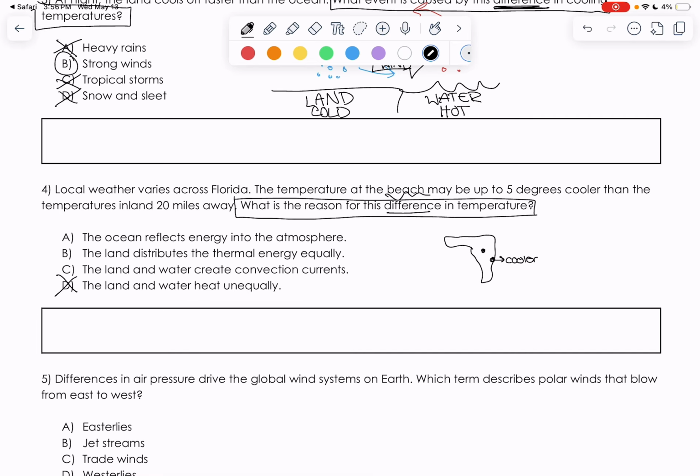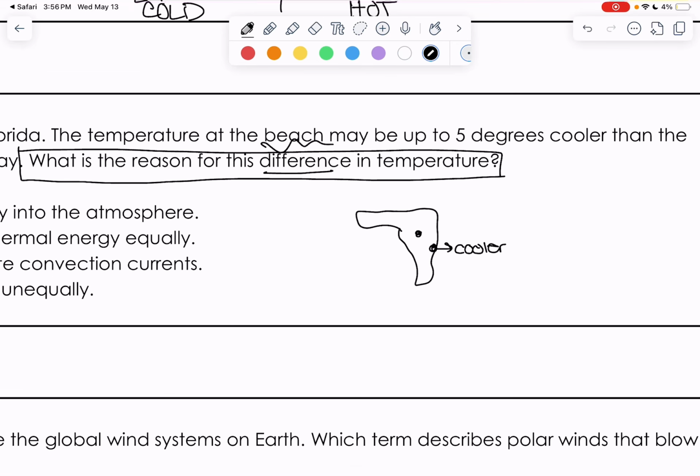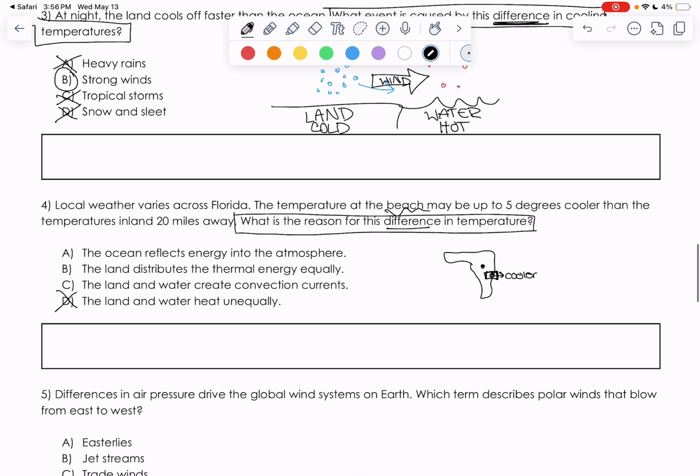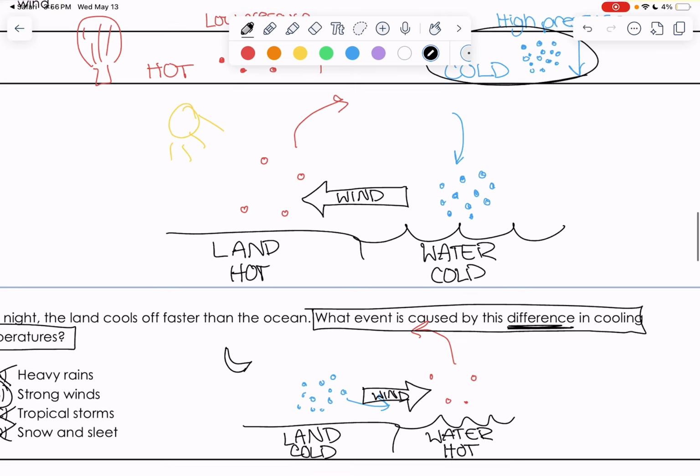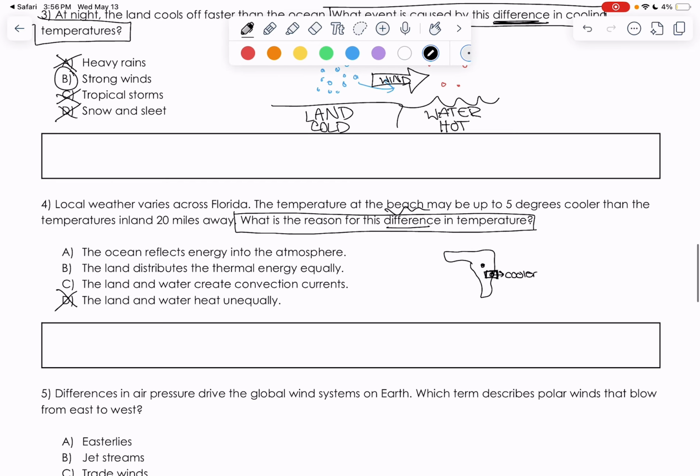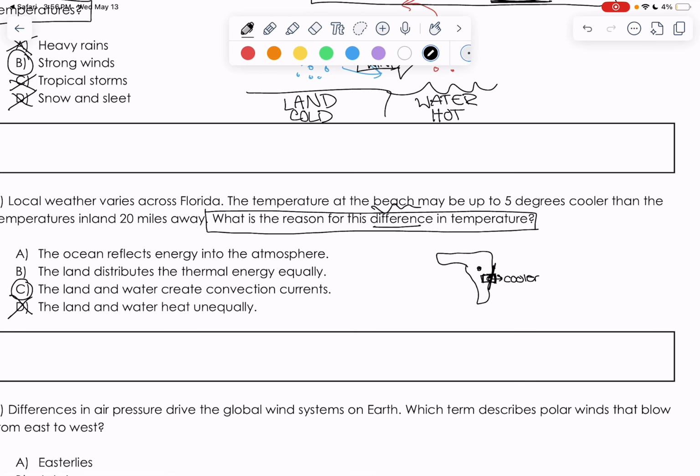Instead, what's the difference between these two things is that this land at the beach is nearby water. And the land and water together are creating convection currents, which is what we see here and here. So because land and water create convection currents, that is why there is a difference in temperature between the coastline cities and the inland cities.